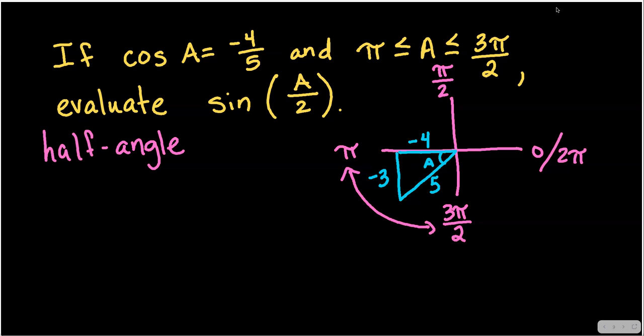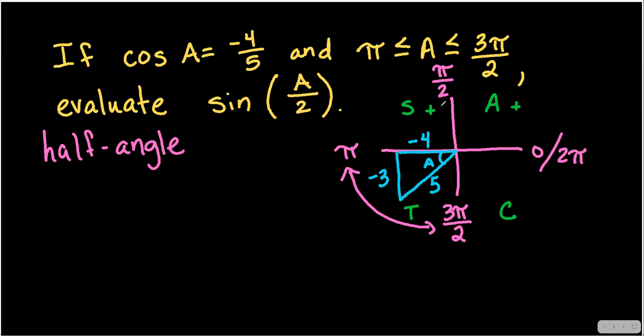Now let's take a look at another piece that we need to know for this, which is the idea of All Students Take Calculus. This says that in the first quadrant, sine, cosine, tangent, all of them are positive. In this quadrant, only the sine is positive, so cosine will be negative, tangent will be negative.